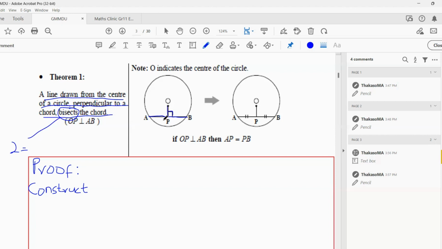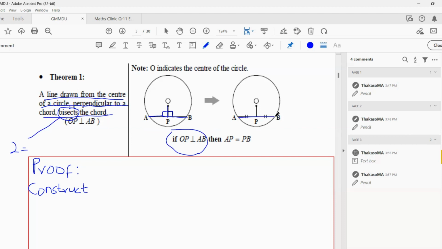That is given, because they make an angle of 90 degrees. So what we are required to prove is that AP will be equal to PB. That's the first theorem. Any line from the center that is perpendicular to a chord will cut the chord into two equal parts.